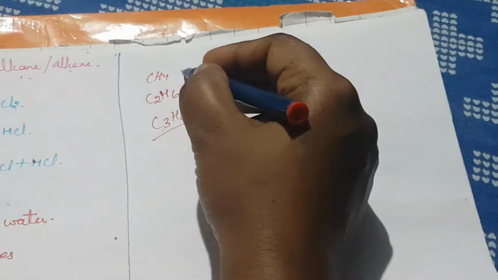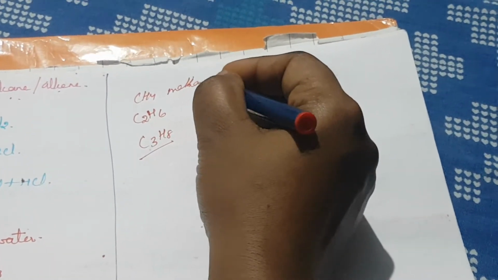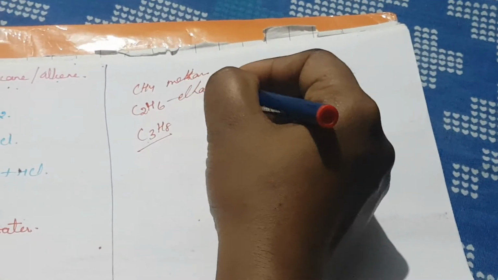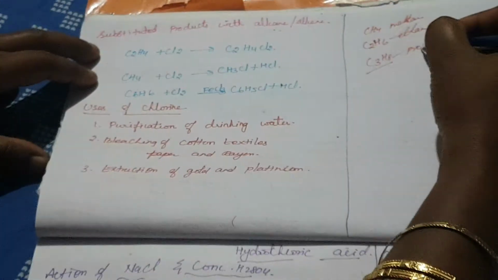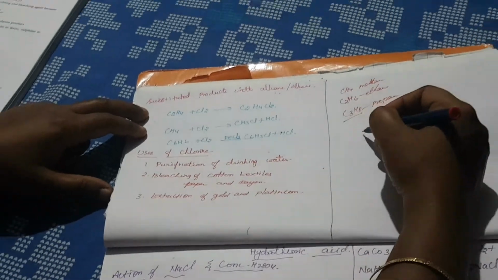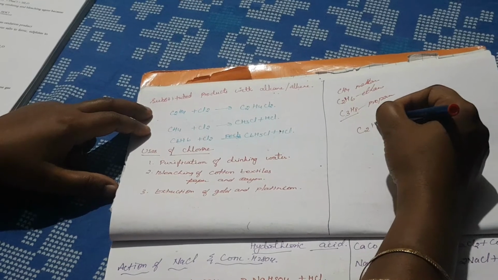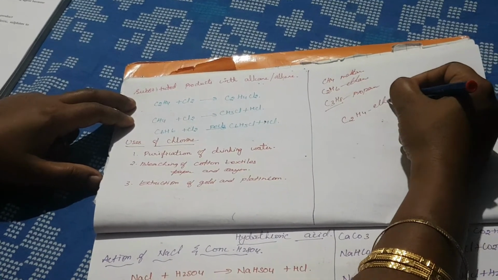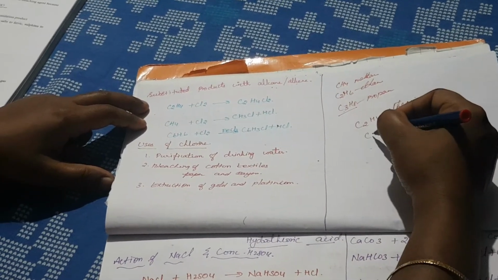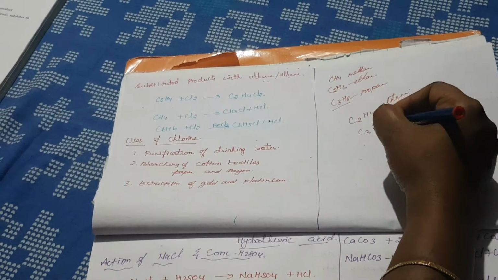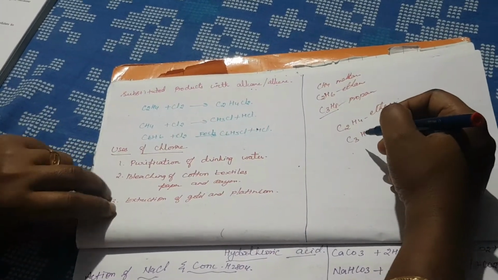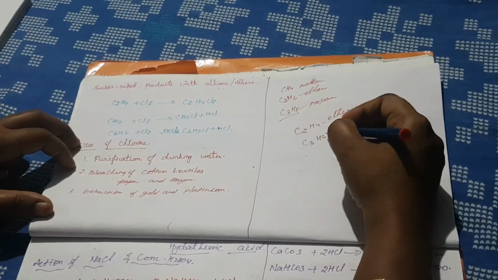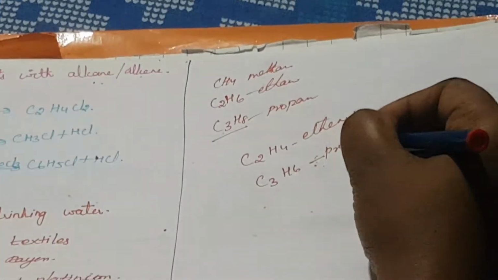So these are all alkanes. Alkene means C2H4, that is ethene, and C3H6, propene.